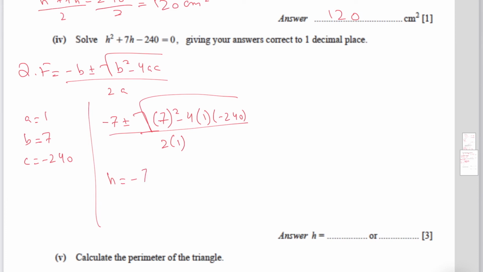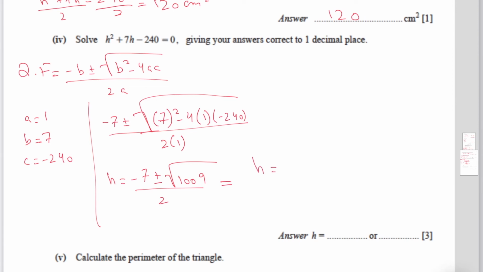So you have negative 7 plus minus over 2, and inside the under root, let's do this. 7 times 7 is 49. 49 minus 4 times negative 240. This gives us 1009. So let's plug this into the calculator.